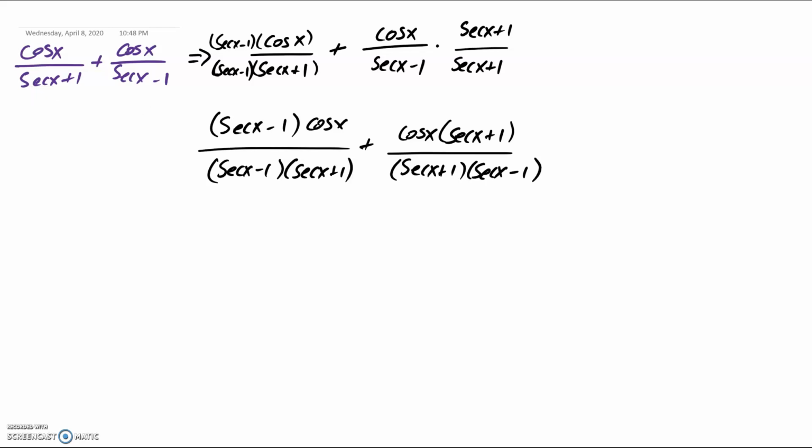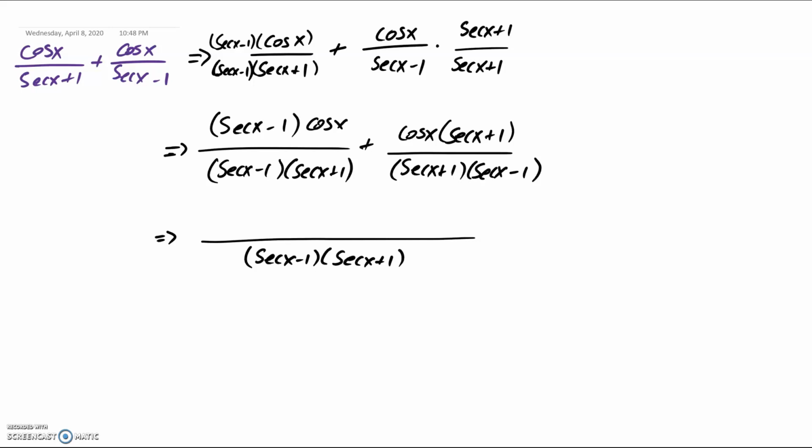So what are we going to do next? Next we will make some simplification in this expression. Before the numerator, let's look at the denominator. You can see that the denominators are similar, right? Now if the denominator is the same, we can combine the two fractions, and it's going to be secant x minus 1 times secant x plus 1.